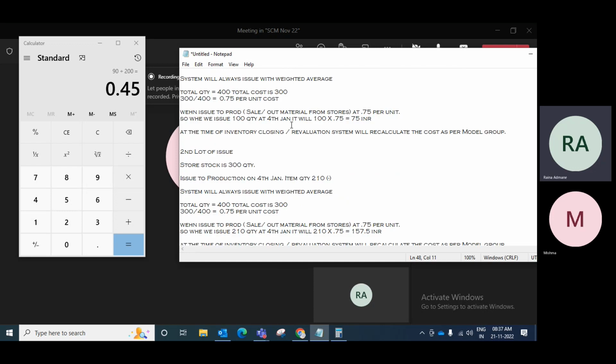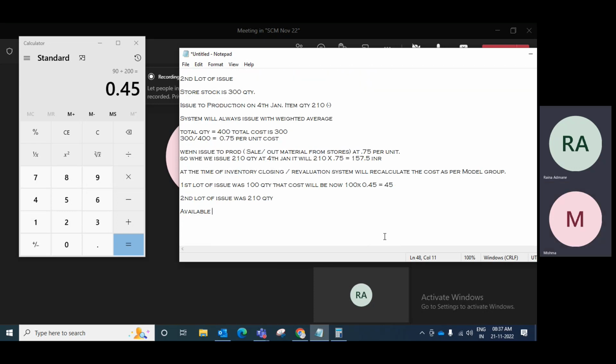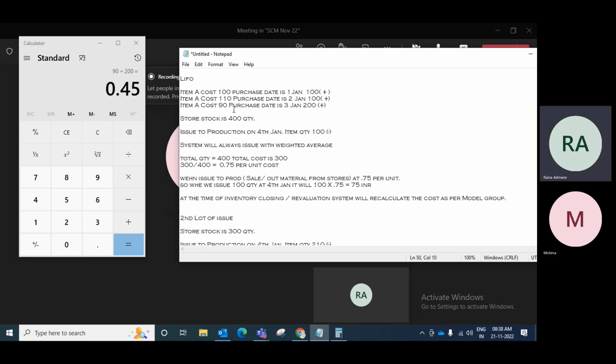Out of the total quantity of 400, 100 is gone, so we have 300 remaining. Available 300. Out of that, what is the costing? What is the rate for 100? At 90 rate. In the remaining balance of 100, this one is at 90.